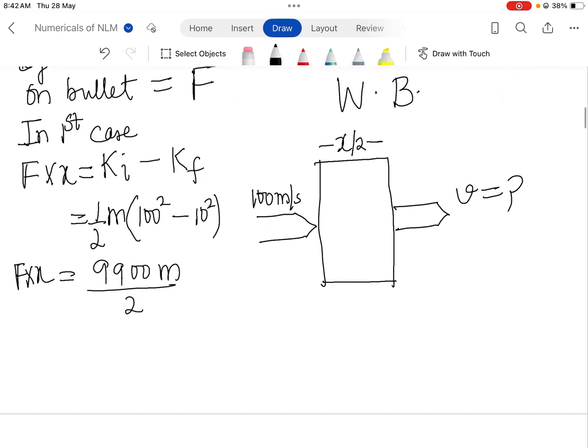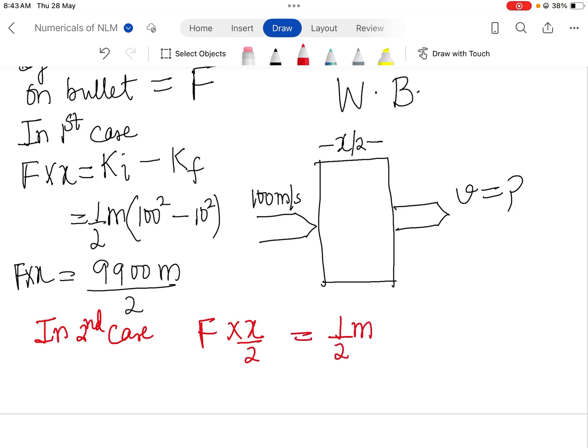Now in the second case, what is the work done? Work done will be F into x/2. The change in kinetic energy is 1/2 into m into 100 square minus v square.